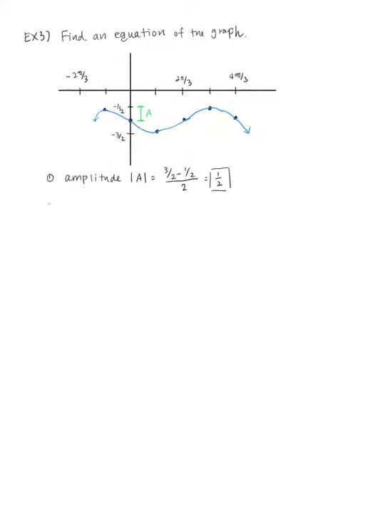Okay, now next, let's go with the period. So period was 2 pi over omega. So our job is to find that omega and the period. So let's look at, looks like one cycle is gonna end at 4 pi over 3.